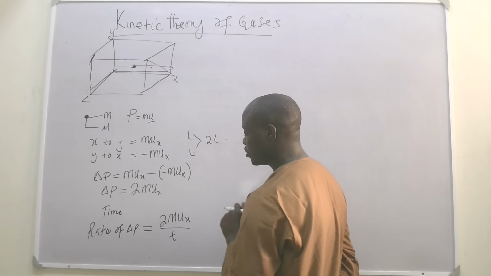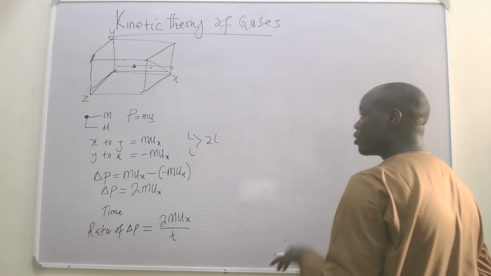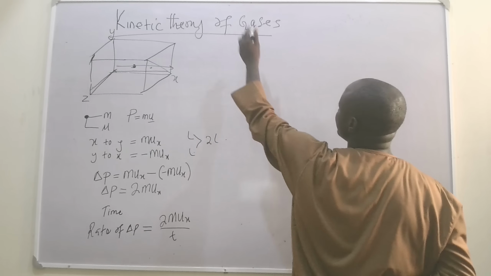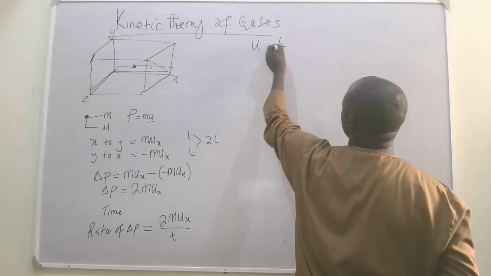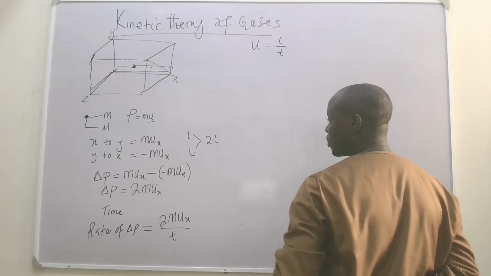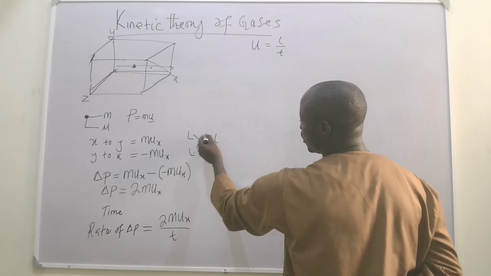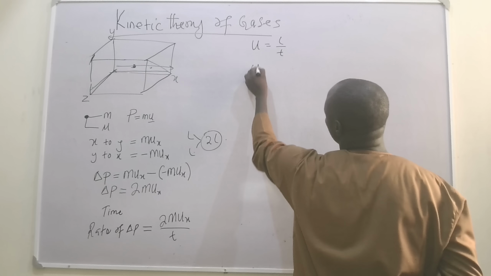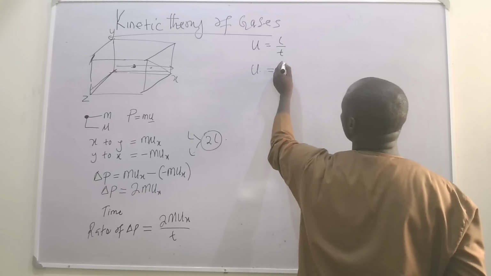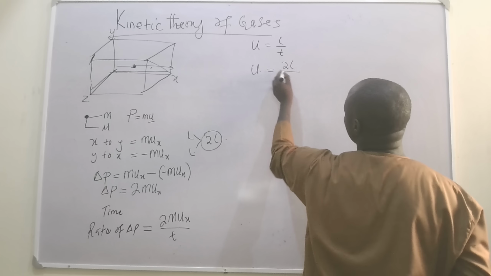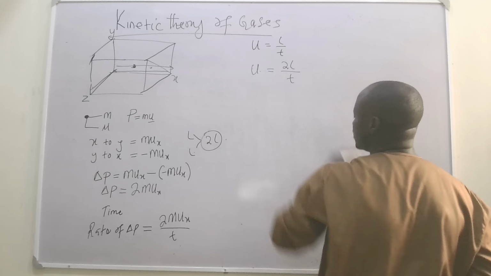Remember from our basic knowledge in physics, velocity u is distance divided by time. But the distance covered here is 2L. So we have u_x equal to 2L divided by t.